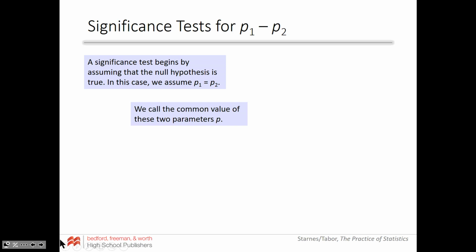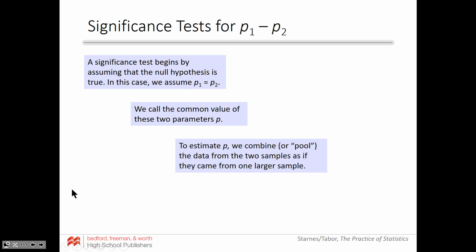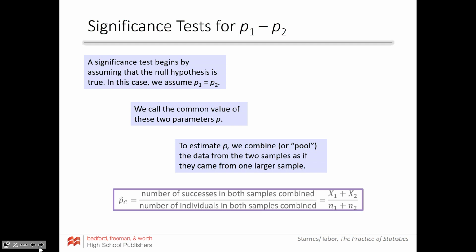So we call the common value of these two parameters P. In other words, what happens if these things are equal? If P1 and P2 were really equal, it's like they came from the same place, right? So we're going to combine P1 and P2 as if they came from one larger sample.